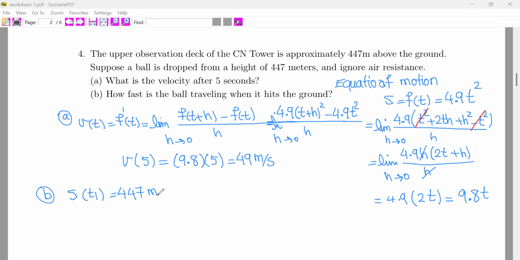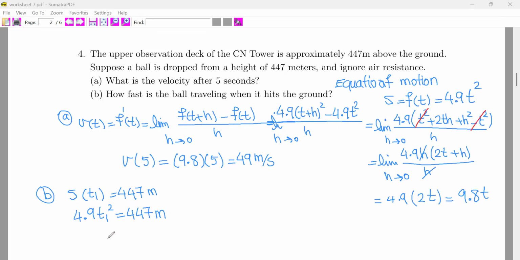And also, using the equation of the motion, this amount here is equal to 4.9 t sub 1 squared equals 447 meters because of the equation of the motion.